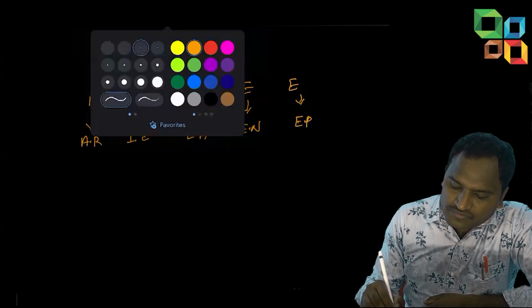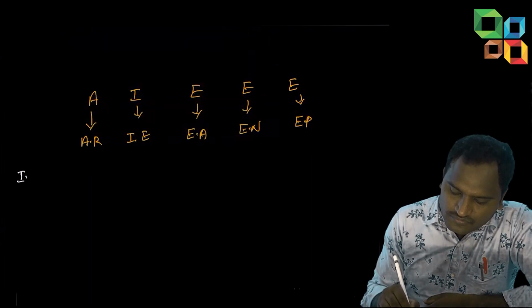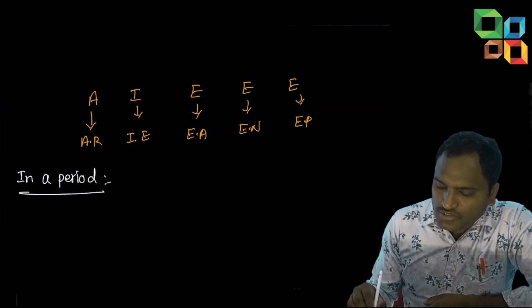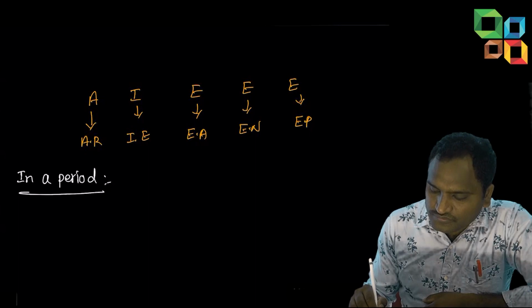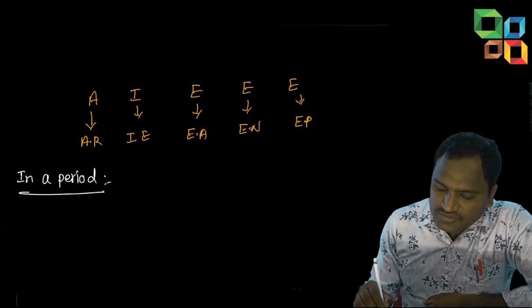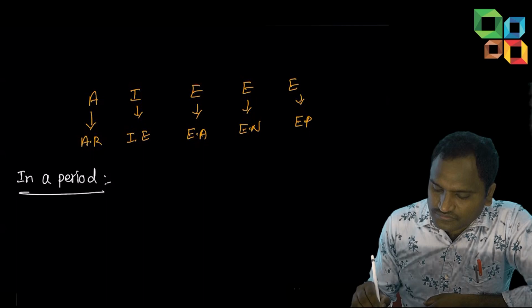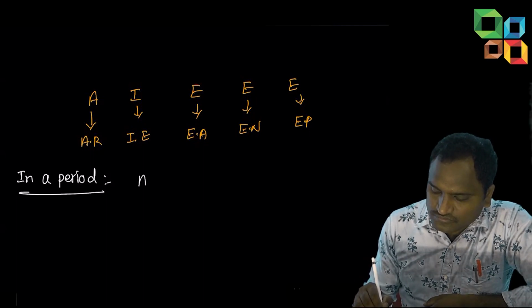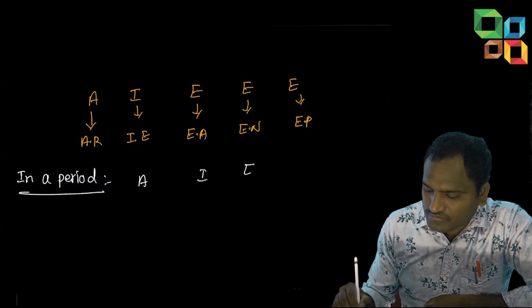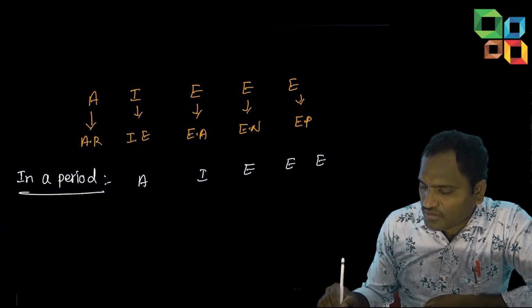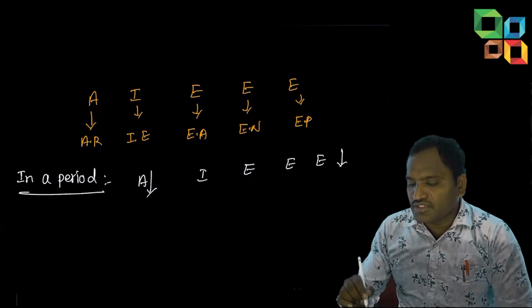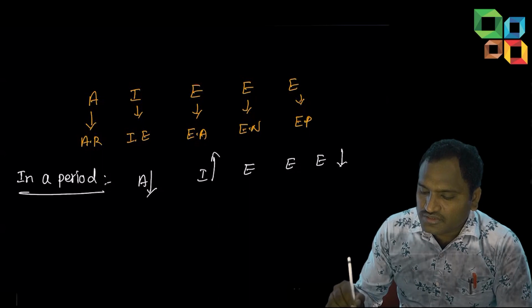So in a period, A and the last E decrease. The rest all increase.